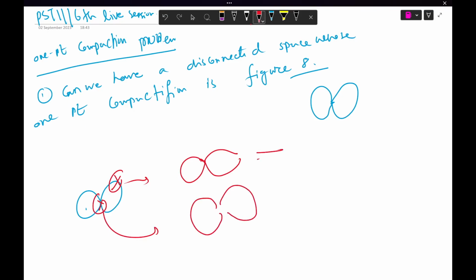This is the same as an open interval and a circle attached to one point. This is what is disjoint to an open interval. So this is a disconnected space whose one-point compactification is figure 8. Yeah, so this is a solution.